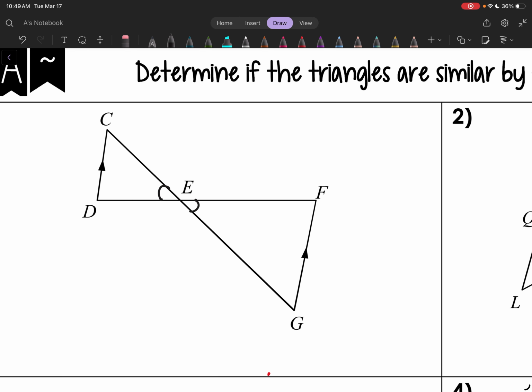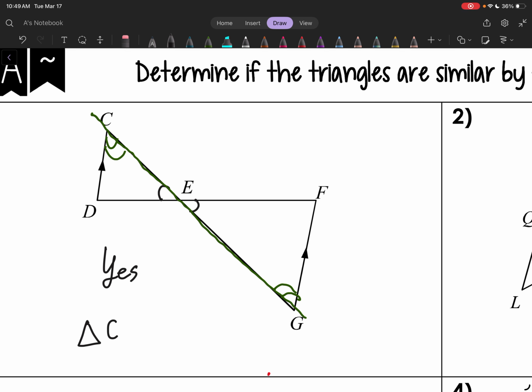I know that if CD and FG are parallel and CG is the transversal, these are alternate interior angles, therefore they are congruent. So yes, this is similar.